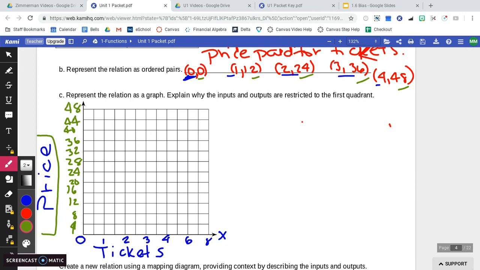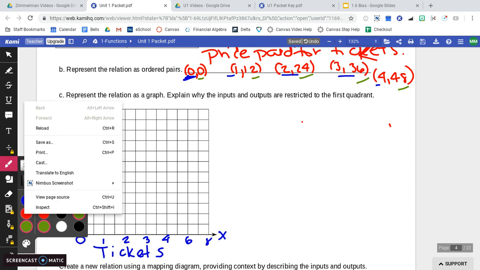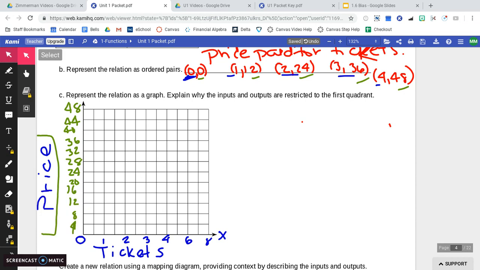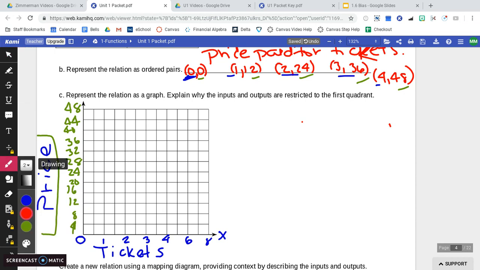If I go by 4s, I can make it up to the highest value of 48 that we were given in the table. Let's go ahead and graph the ordered pairs. And we weren't asked to connect the points, so we're going to leave them separated like this. Not trying to create a line.